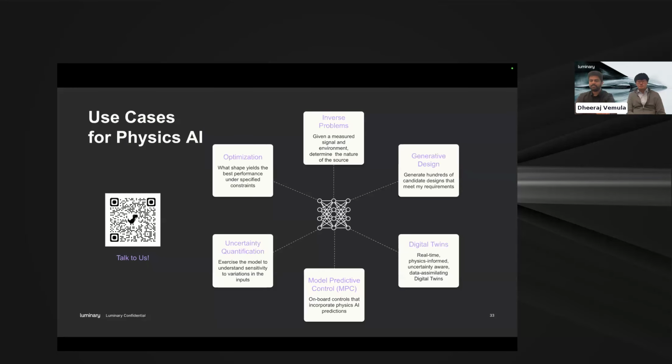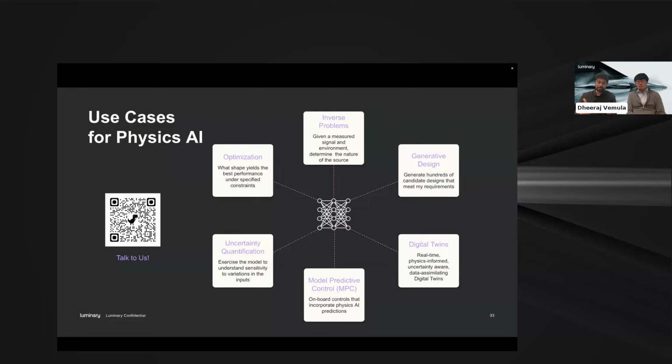And finally, before we move on to the Q&A, we've just shown a subset of all the use cases, all the ways physics AI can be applied. But there are more ways physics AI can be applied.